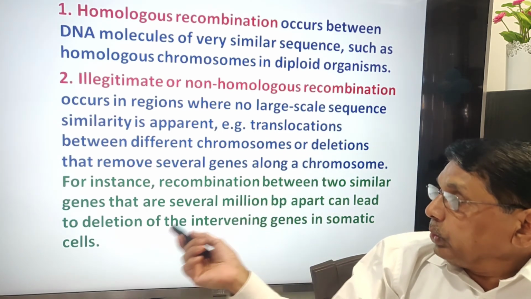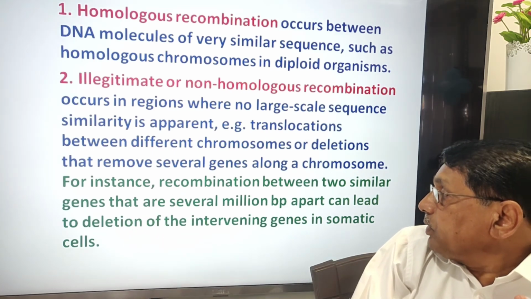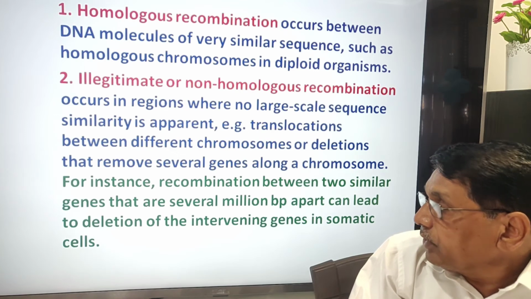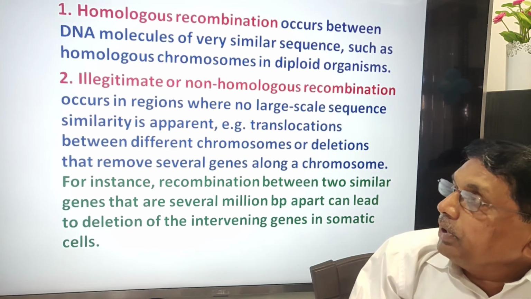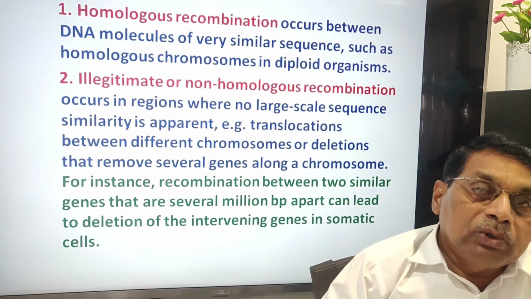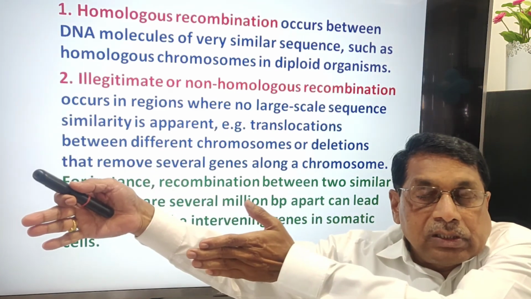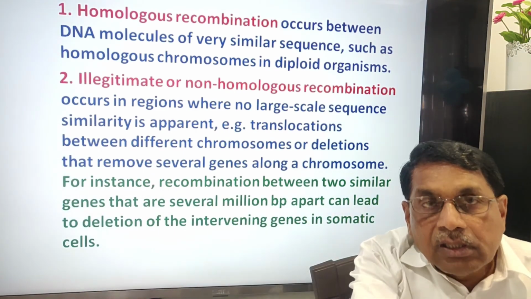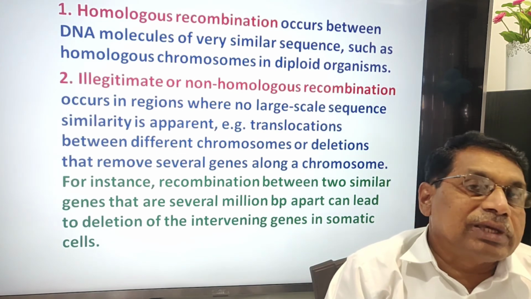Recombination between two similar genes that are several million base pairs apart can lead to deletion of the intervening genes in some cells. Remember, it is between non-homologous chromosomes. One homologous region here, another there, away from each other, but still recombination takes place between these two. Genetically, gene-wise, they are quite different.